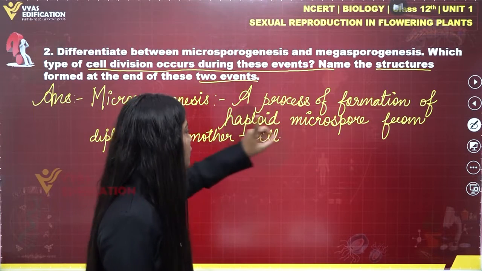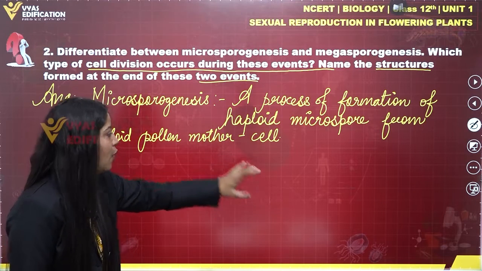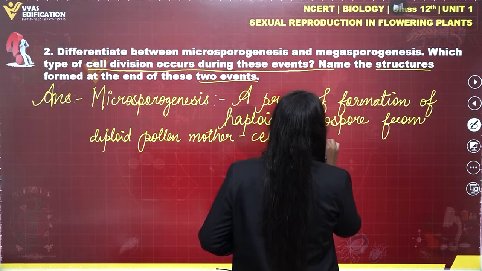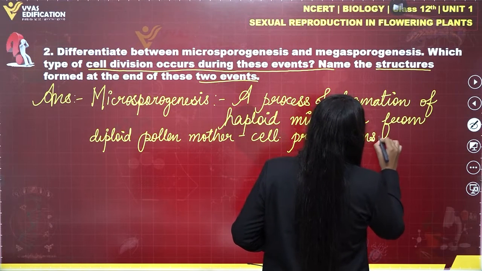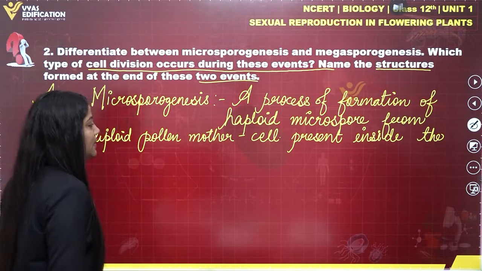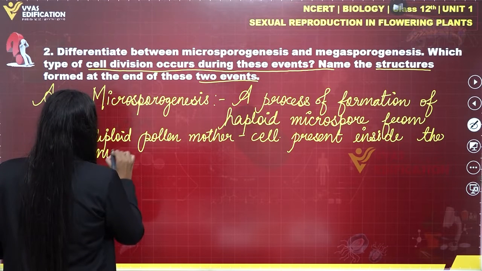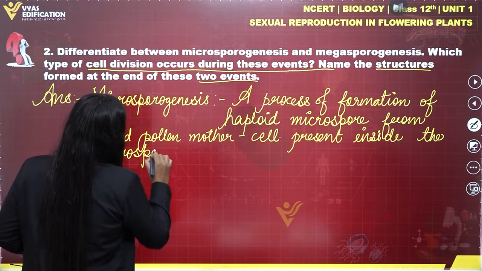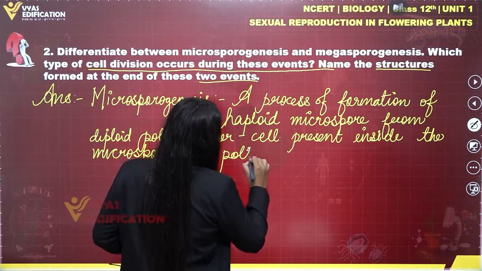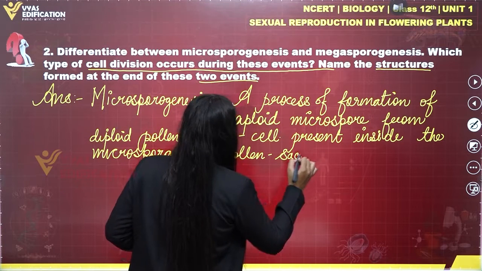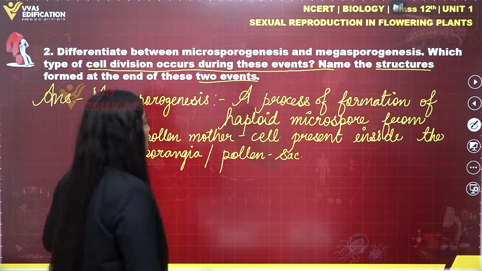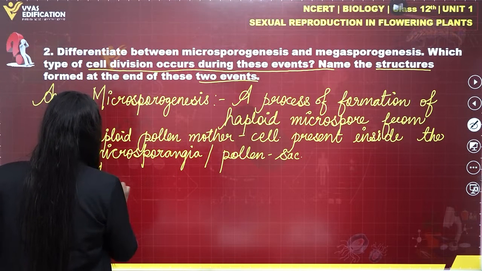So a process of formation of haploid microspore from diploid pollen mother cell present inside the microsporangia or pollen sac, this process is known as microsporogenesis.